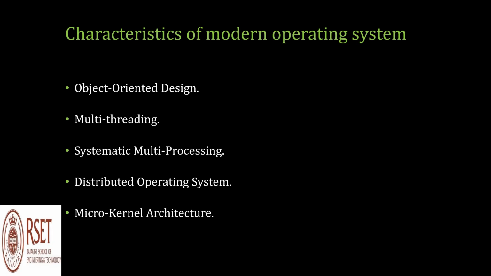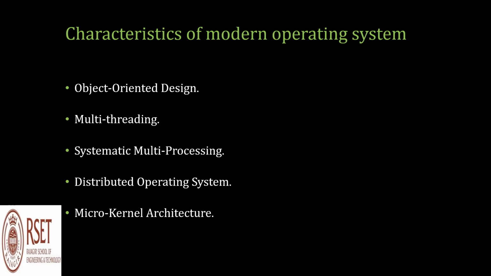Then the processor slots, RAM, files, etc. are shared by 30 users from the server. Here each user will think that he is running on a single large system with one operating system. That is the essence of a distributed operating system. So that should be a characteristic of a modern operating system.